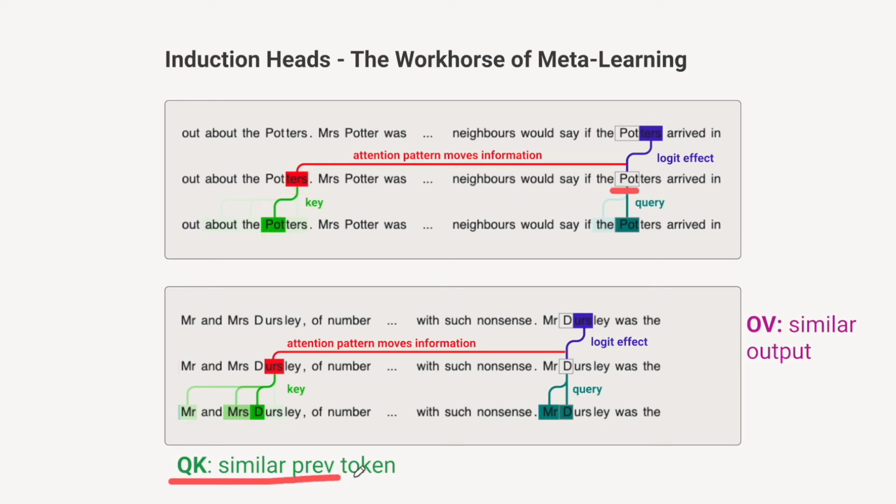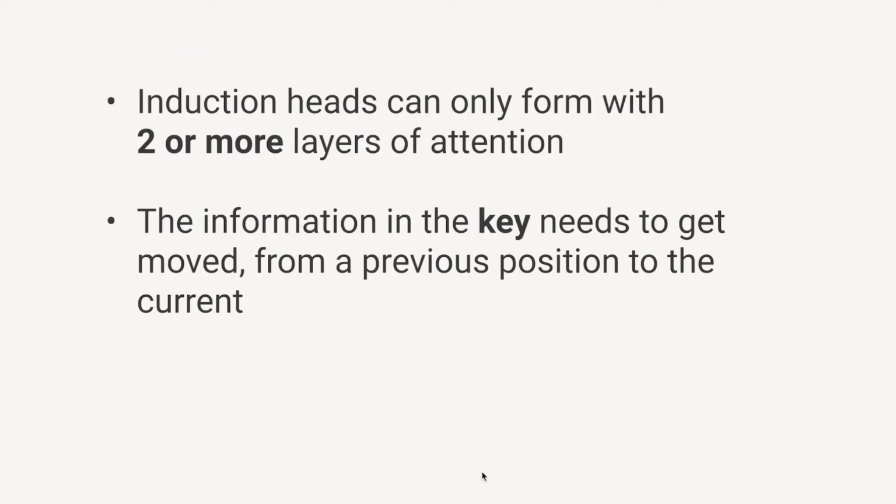That similarity in the QK circuit is allowing it to attend to tokens whose previous token was similar to the current one. So those two different properties, the OV, which gives it copying-like behavior, and the QK, which gives it specificity to where the prior token was similar, those two are the hallmark of an induction head.